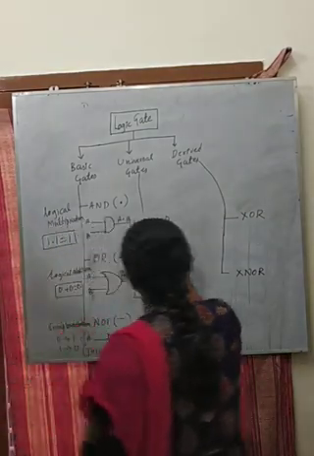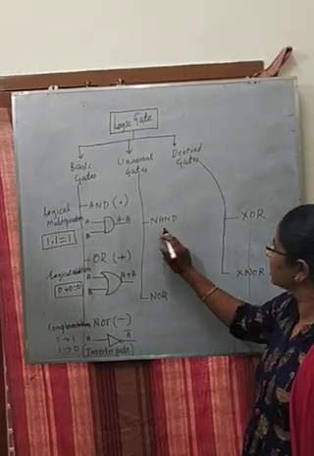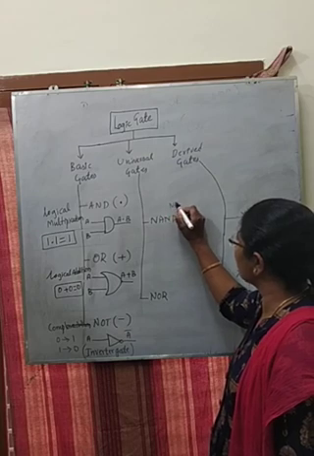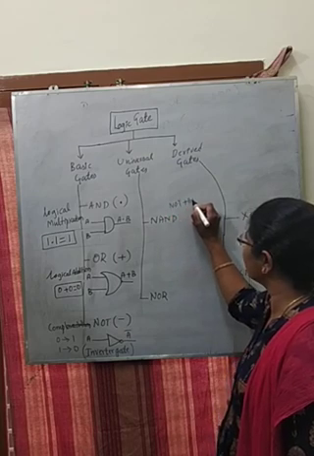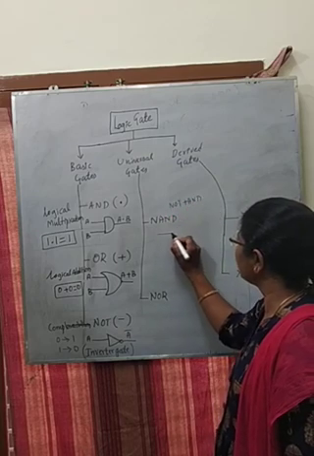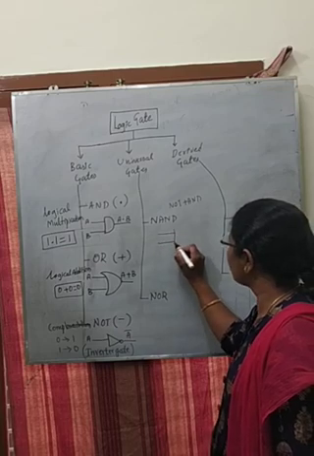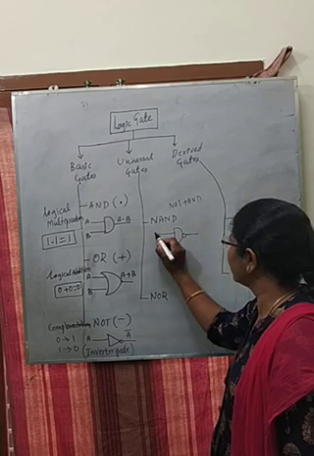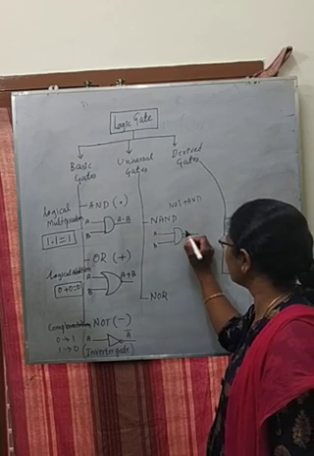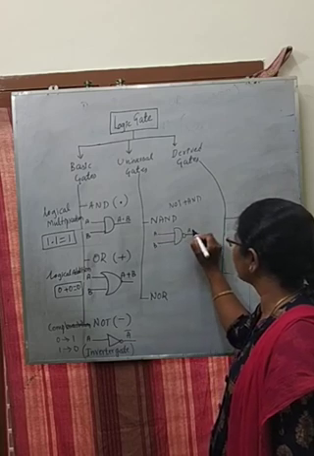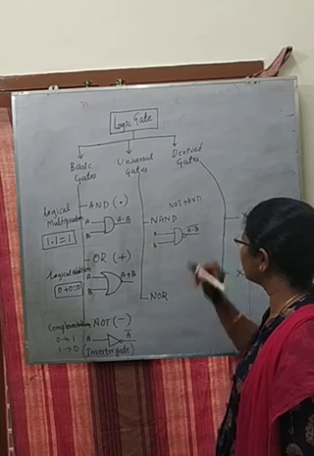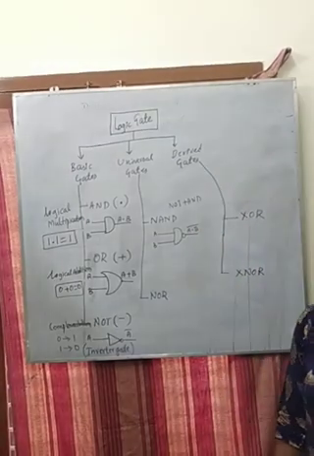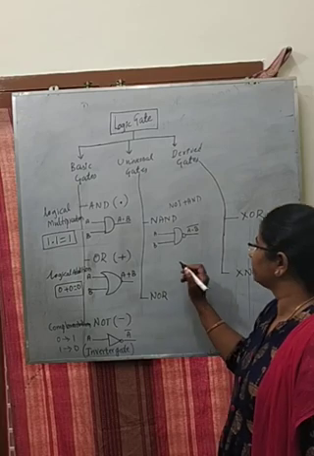Then come to your NAND gate. It is a combination of NOT gate plus AND gate. That means the AND result complemented gives you the NAND gate. A, B, it performs AND here, and before that the complementation is there, that gives you the NAND result.